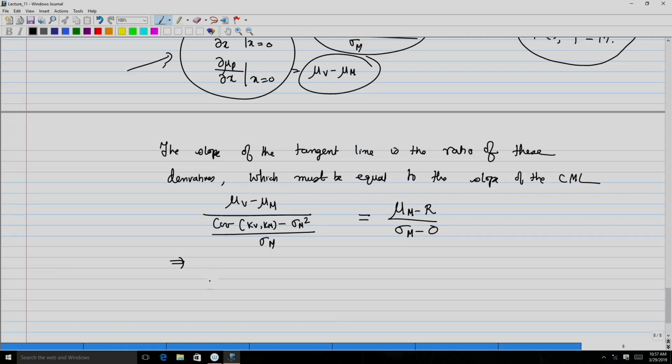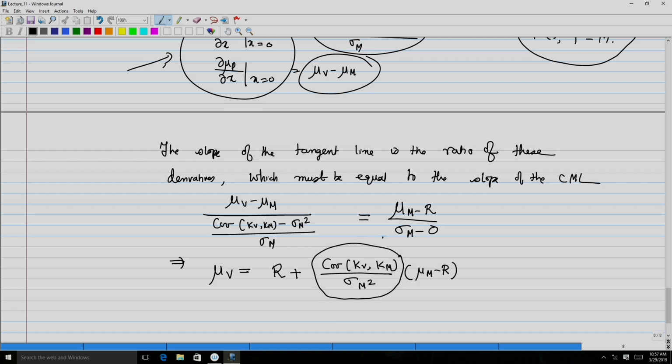And this gives you, upon simplification, mu v is going to be r, which is the risk free rate, plus covariance of k v k m over sigma m square into mu m minus r. And here this particular term, which captures the covariance of the portfolio V with respect to m, is nothing but the beta factor of portfolio V.